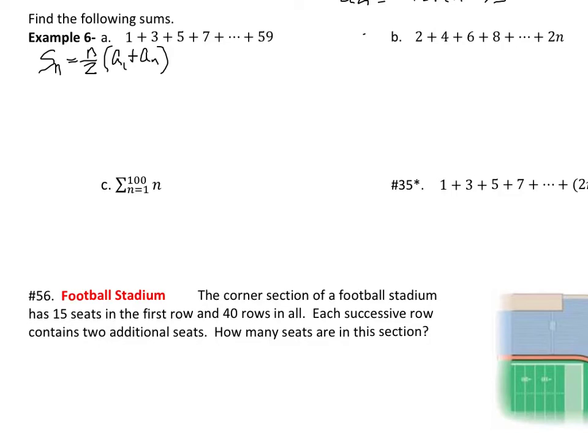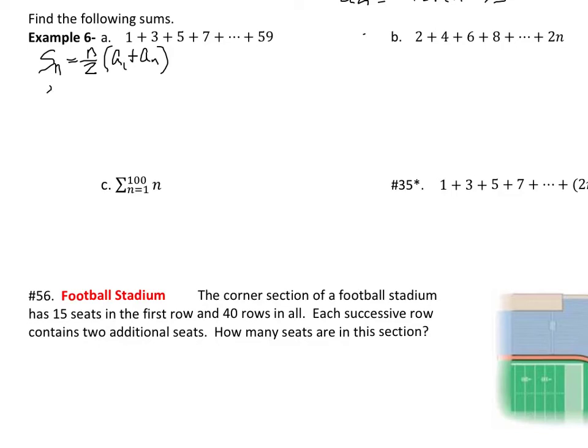You think? 29. Okay, 1, 3, 5, 7, 9, 11, 13, 15, 17, 19. So 19 would be 10, which means 39 would be 20, which means 59 would be 30. So we got 30 terms. You got to include that first one, right?